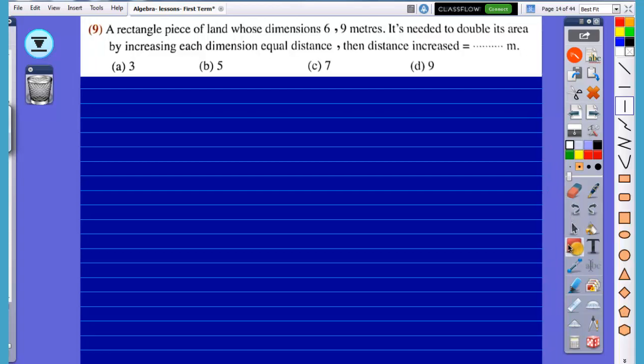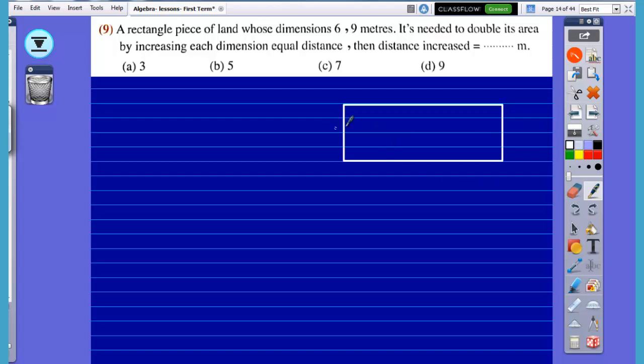So first we will draw the original rectangle here, and its dimensions are 6 meters and 9 meters. We want to double its area by increasing the same distance to its two dimensions.